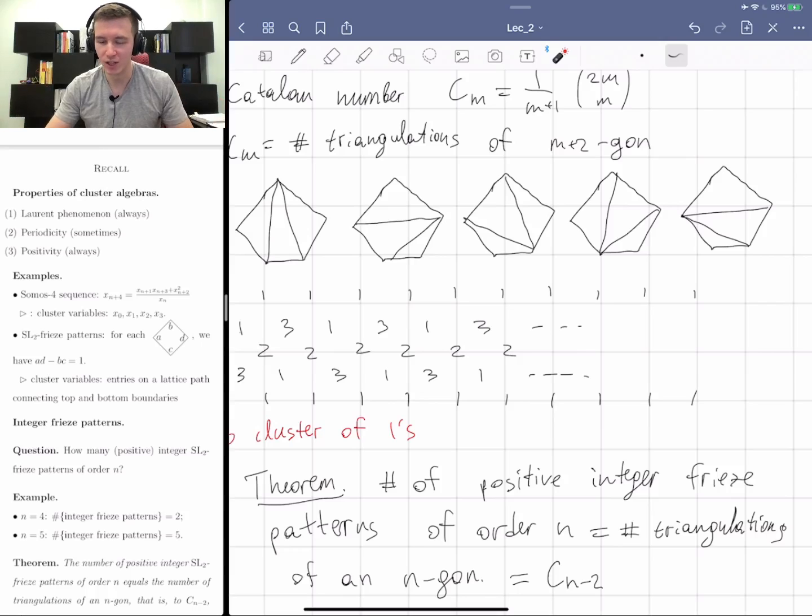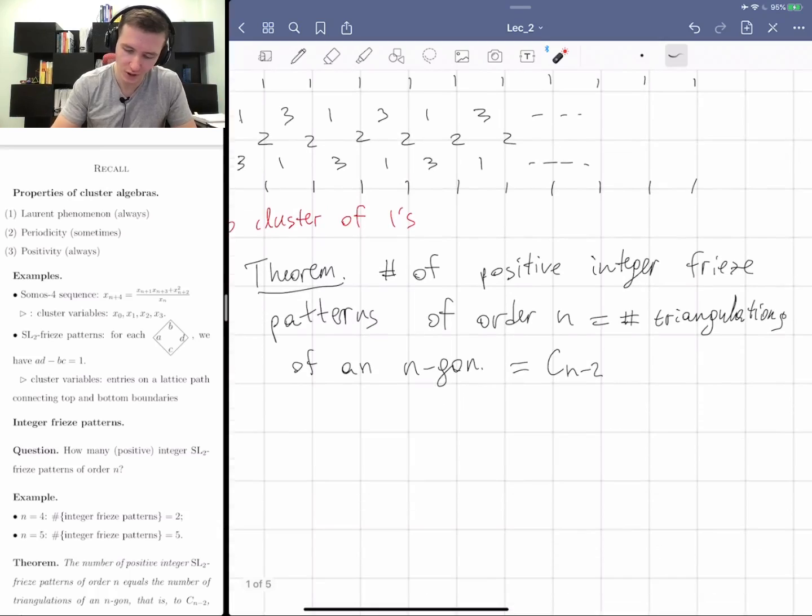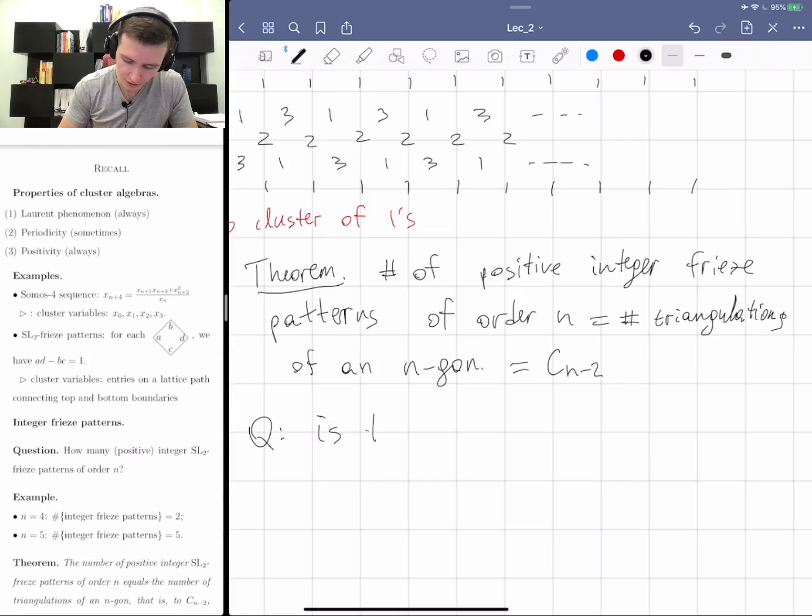In combinatorics, we ask if there is a bijection between these two sets of objects. So the question is, is there a bijection?